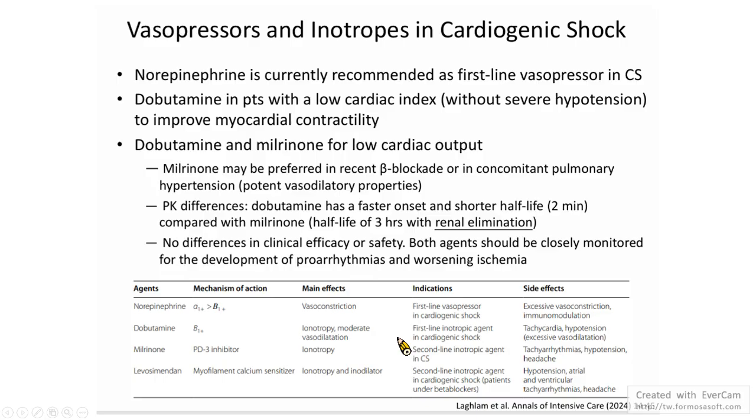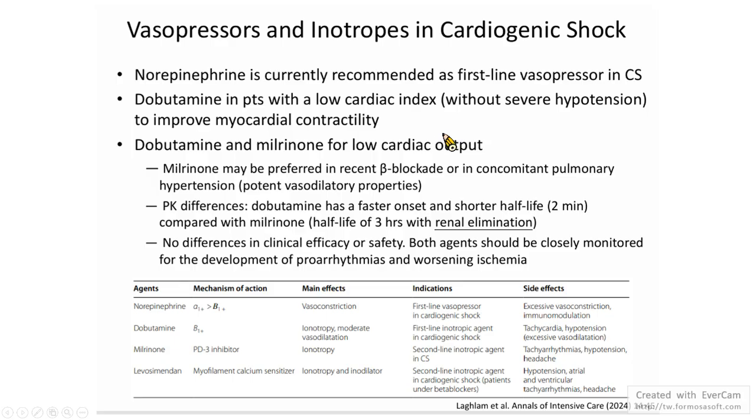And for cardiogenic shock, same as septic shock, norepinephrine is the first line as the pressor. And in terms of inotrope choice, dobutamine is the recommended selection, especially for those with a low cardiac index without severe hypertension, because dobutamine can truly improve myocardial contractility.